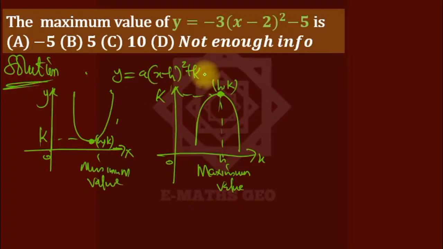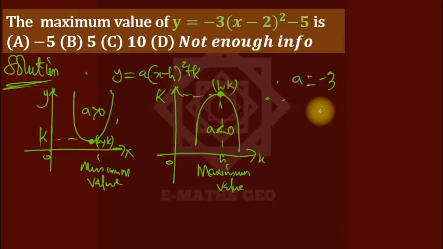So if you look at this equation, how do you know it's concave up or concave down? It is concave up when a is greater than 0, and concave down when a is less than 0. So it will have a maximum if a is less than 0 and a minimum if a is greater than 0. Here a is minus 3, so it will have a maximum value. That's why they ask us maximum value.